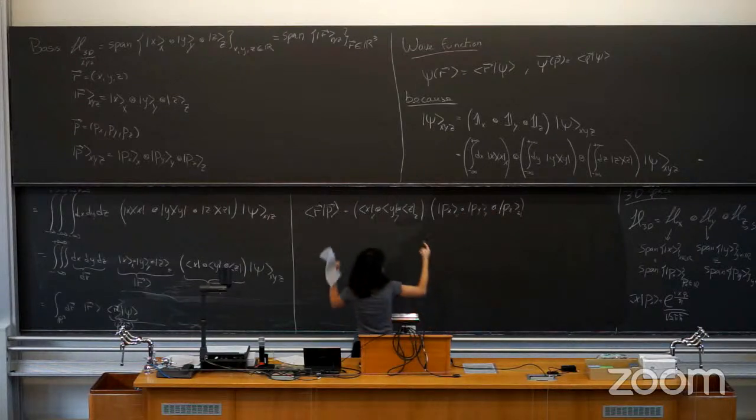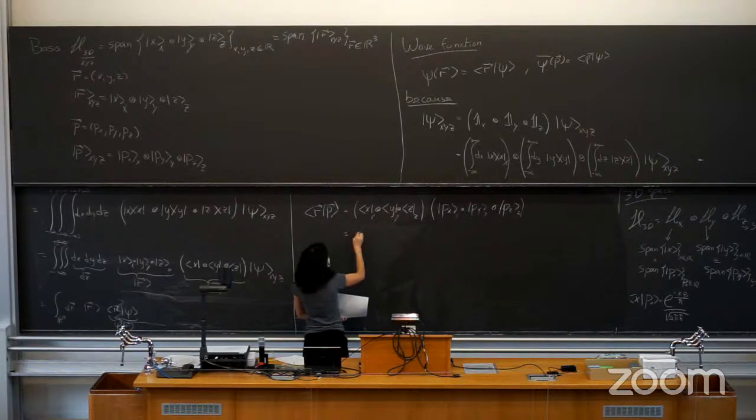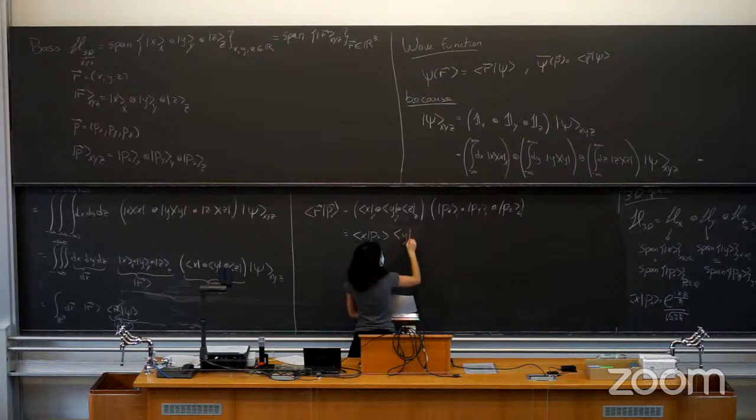And the inner product works like each in their subsystem. So we have XPX times YPY times ZPZ.